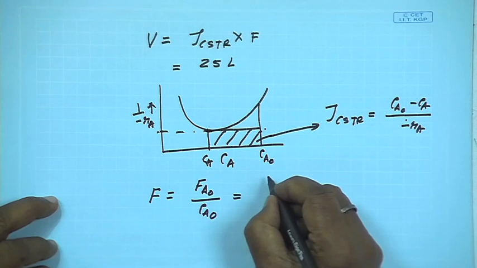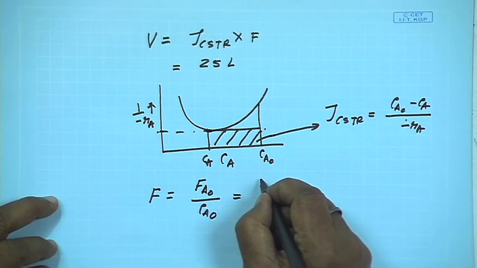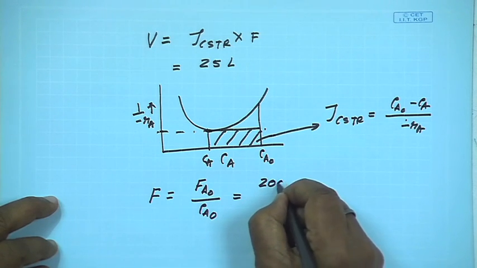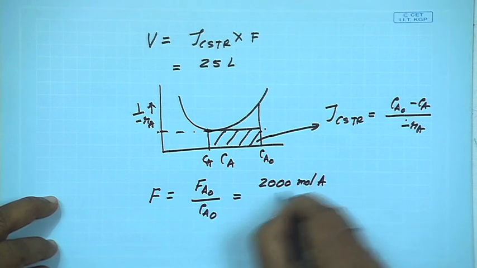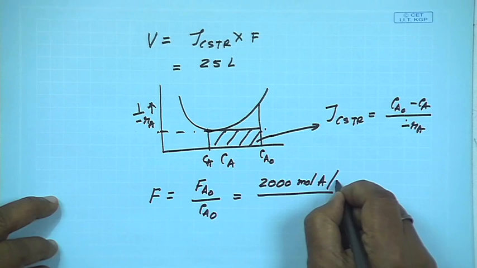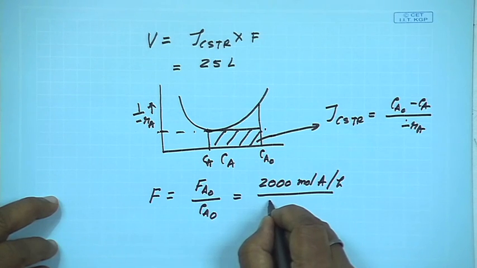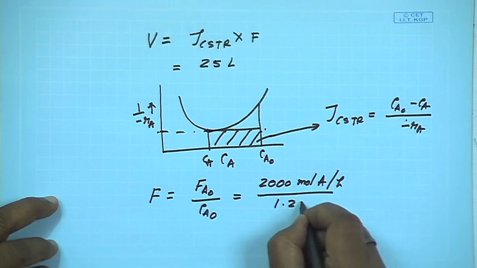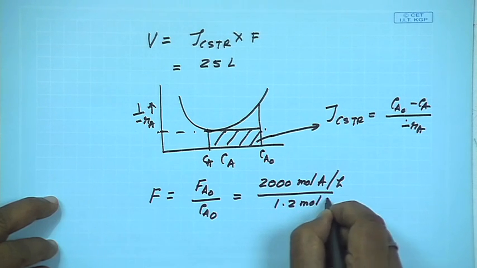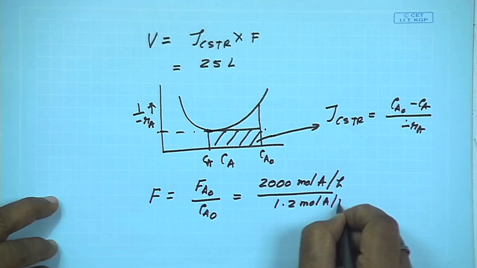Now, FA0 is how much? Initially it was 1000, now it is 2000 moles of A per hour, divided by CA0, which is about 1.2 moles of A per liter.